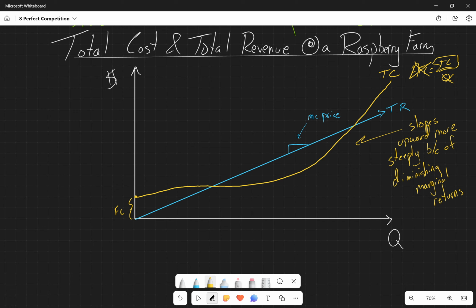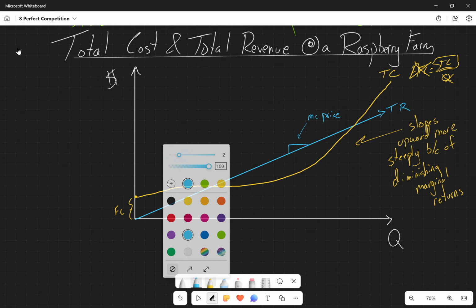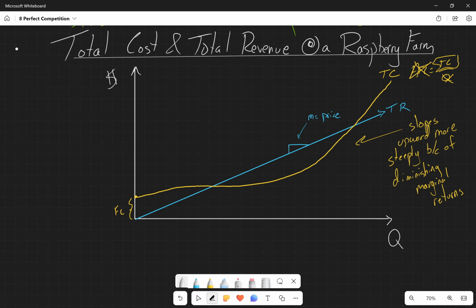So in this particular situation here, where is the profit? The profit is in this range where the total revenue is greater than the total cost. So this is loss, this is profit, and then this is loss over here.